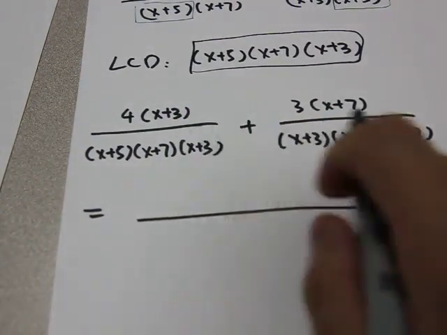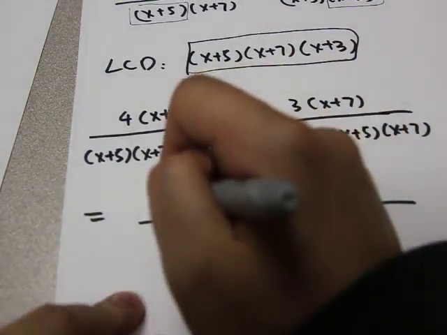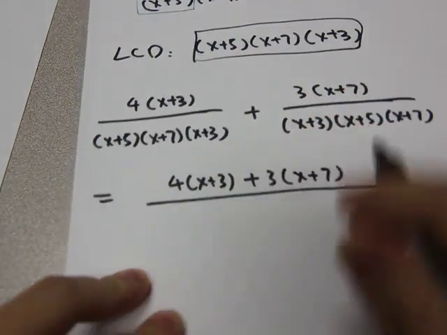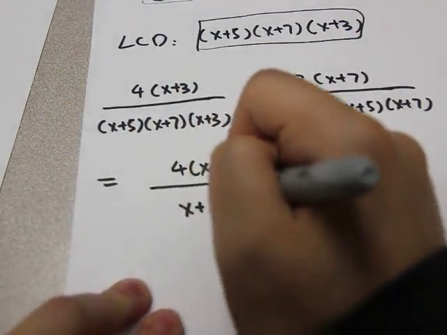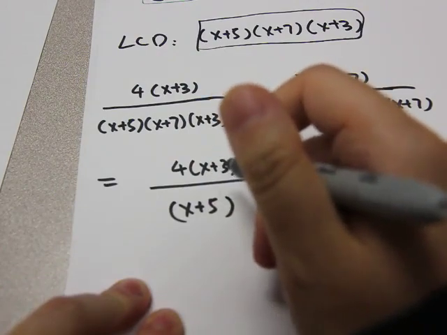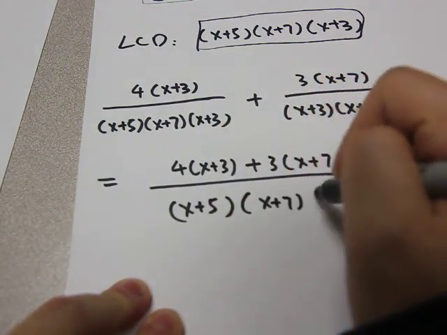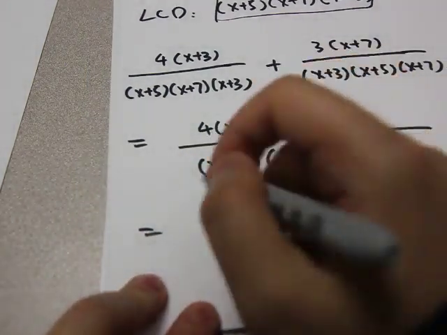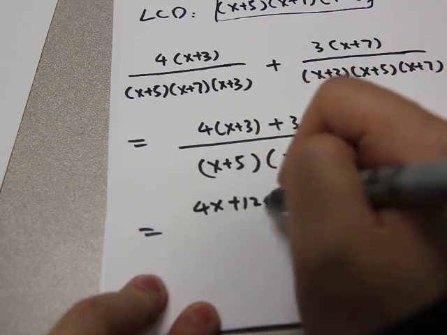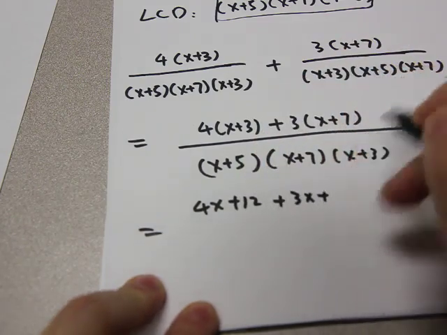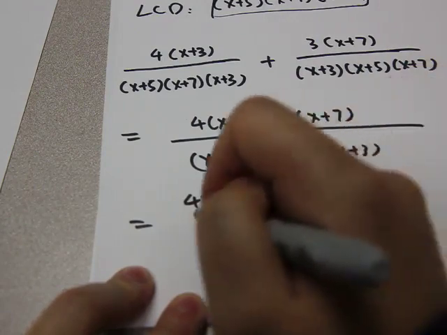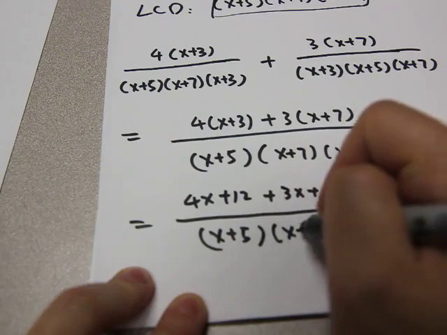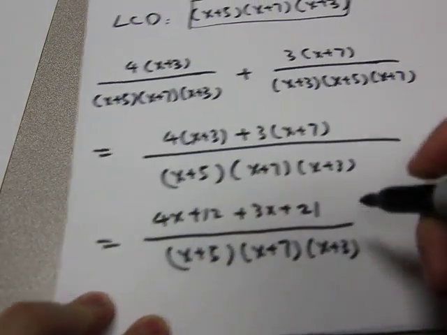So now when we add these two rational expressions, we can add the numerators directly, and put them over this common denominator. So we have 4x plus 12 plus 3x plus 21 over x plus 5 times x plus 7 times x plus 3.